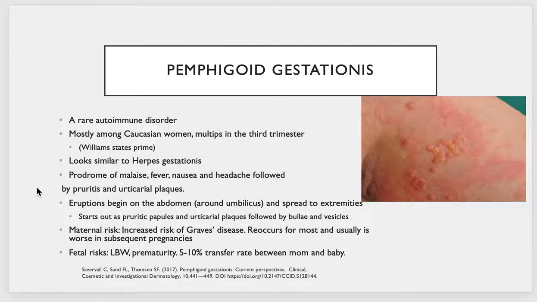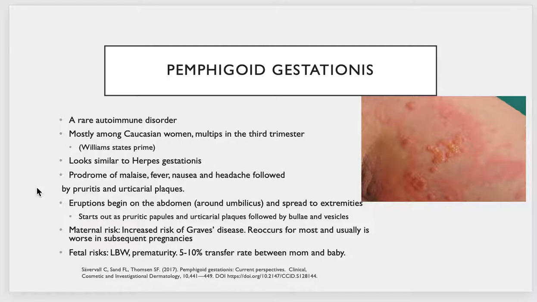It looks very similar to herpes, and they also act like they have herpes, so they get this prodrome feeling of like they don't feel good. They have nausea, a headache, they just feel like they're coming down with a flu, and then after that they get this itching and these urticaria plaques, and they usually start around the umbilicus on the abdomen, and then it spreads out to the extremities.